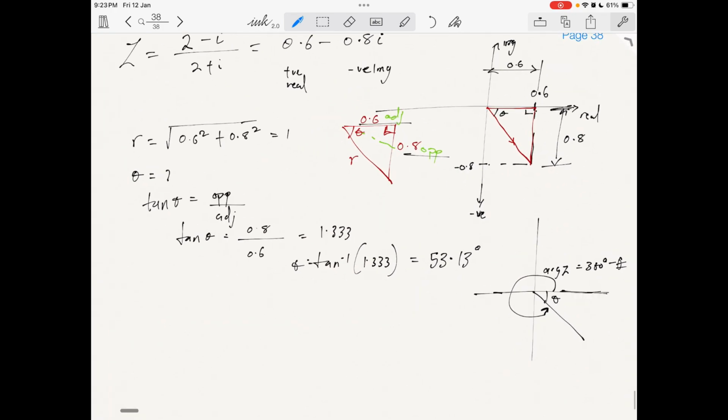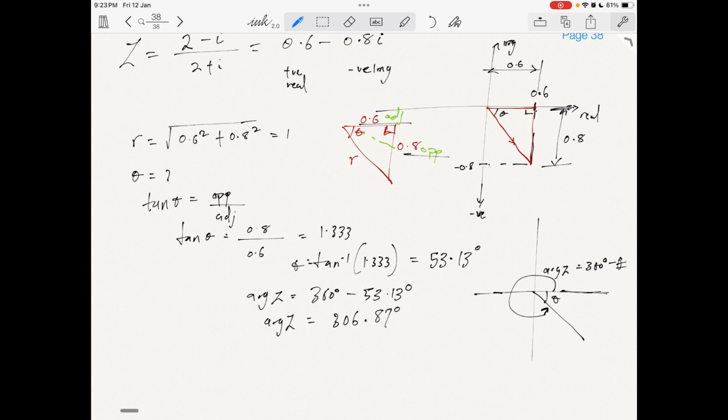Okay, so therefore our argument of z is 360 degrees minus 53.13 degrees, and this is equivalent to 306.87 degrees.